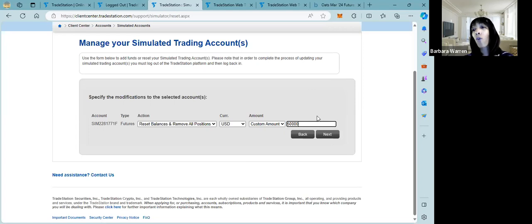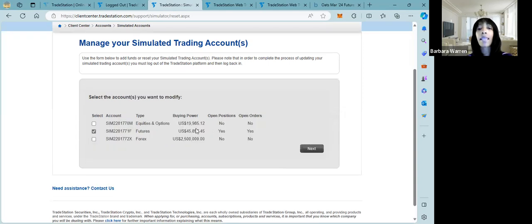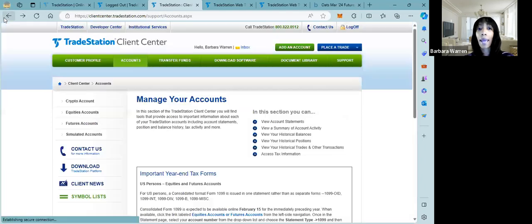Because I have open trades, I'm not going to go to the next screen, but you hit next, and then you select it, you confirm it, and then it's going to set it. When you come back to this page, you will see the amount that you have in your actual demo account. So that is where you would go. That's one of the first things that you need to do before you consider even putting in a demo trade, is set it to a reasonable amount.